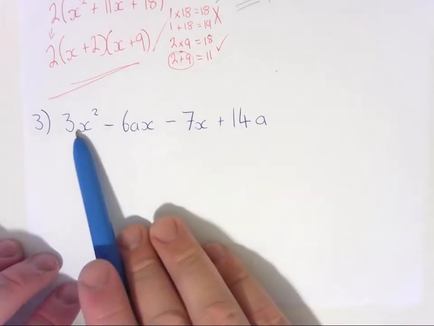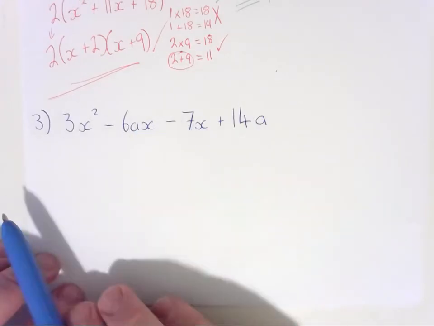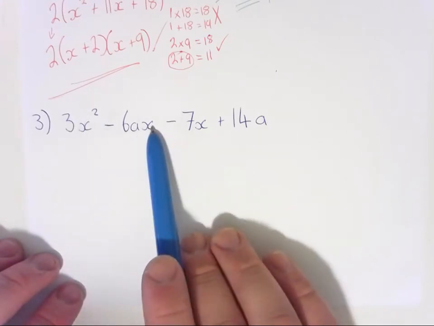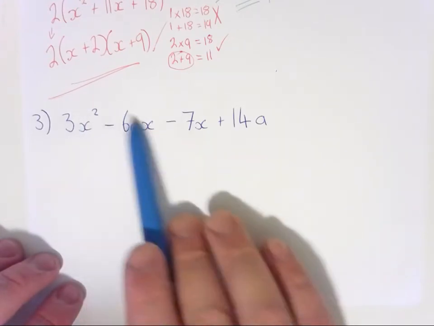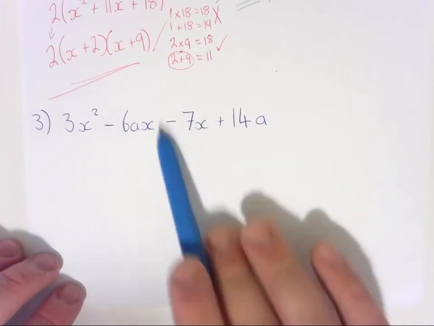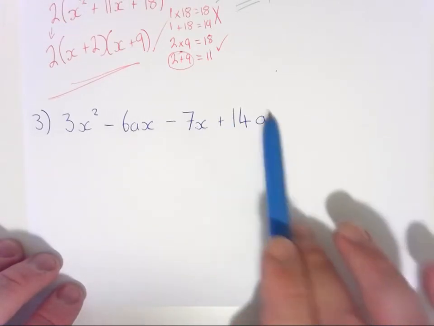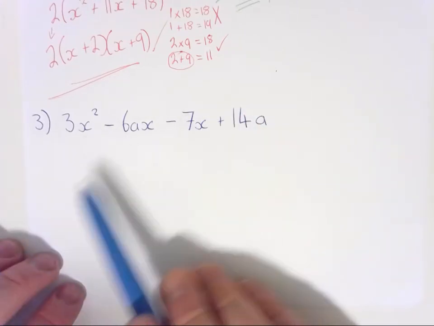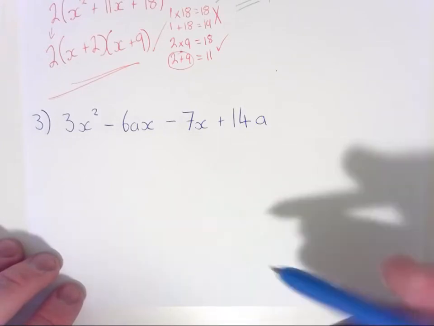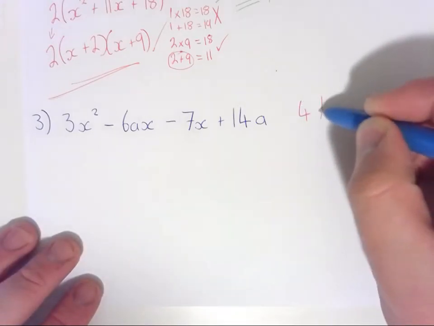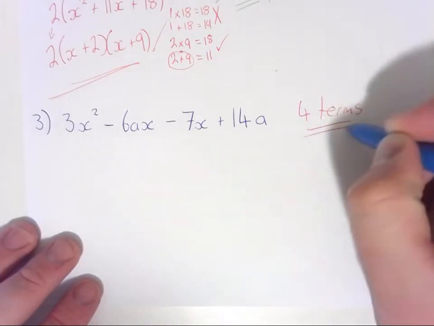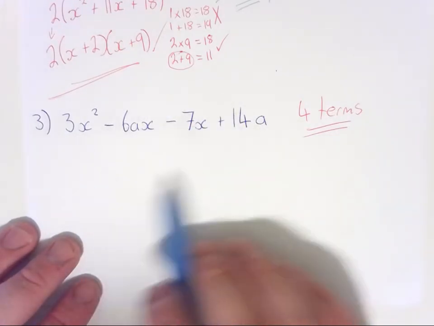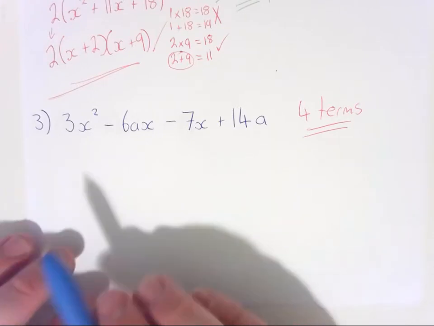Is there anything that all of these have that I can factor out? 3x squared, negative 6ax, well, 3 and x goes into those 2, x goes into that, but I don't have anything that goes into all 4. And because I don't have anything that goes into all 4, and there are 4 terms, 1, 2, 3, 4, that's a big hint that I'm going to use factorising by grouping.